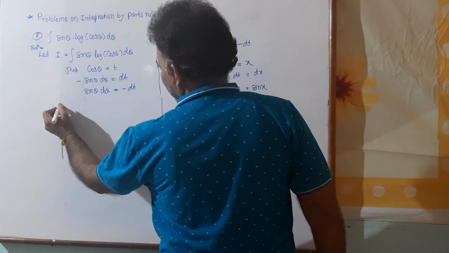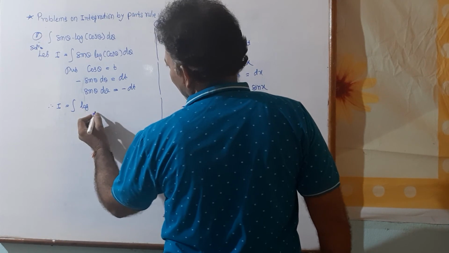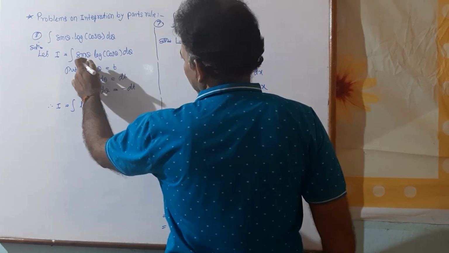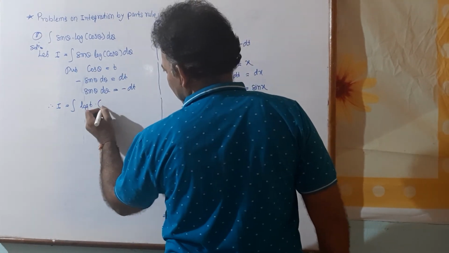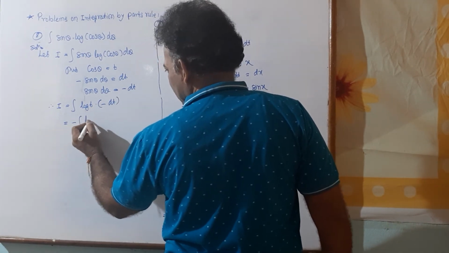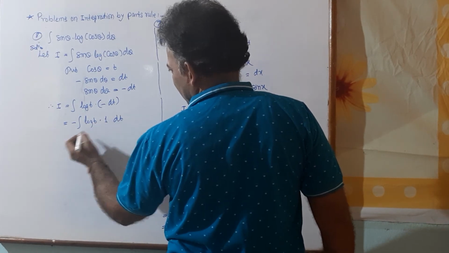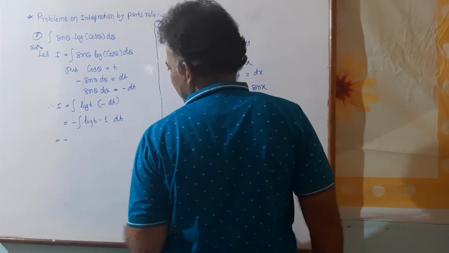So we get I equal to the integral of log cos theta, which means t, and sin theta d theta, its value is minus dt. Take the minus outside, the integral of log t. Whenever a logarithmic term is there, take the second function as 1 and then apply the integration by parts rule.